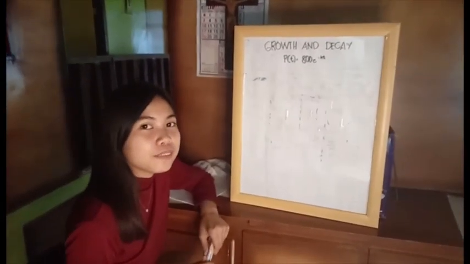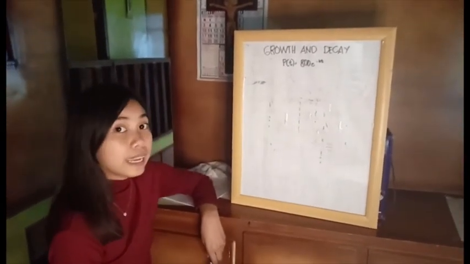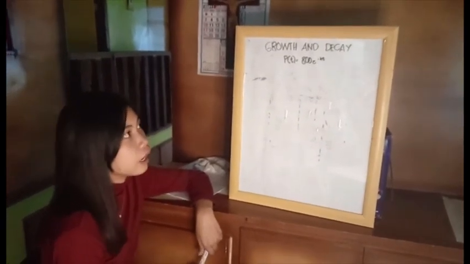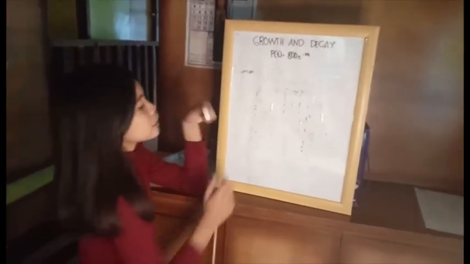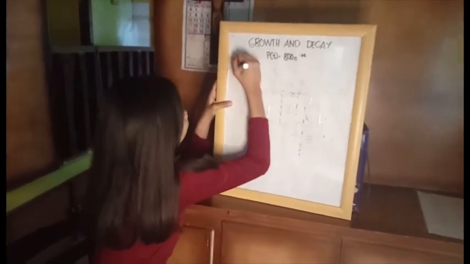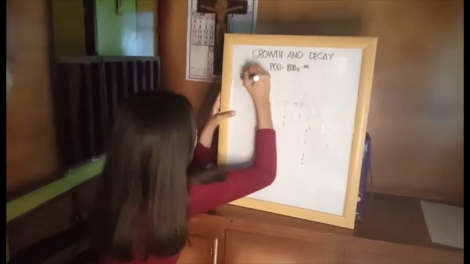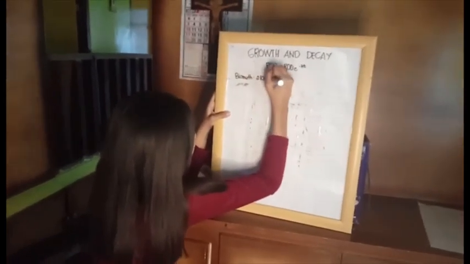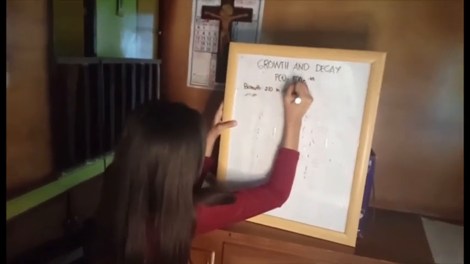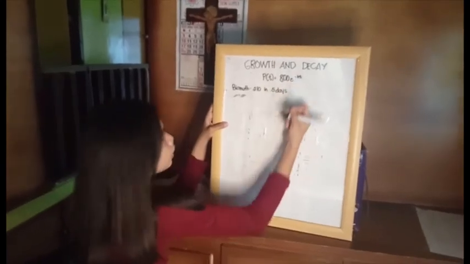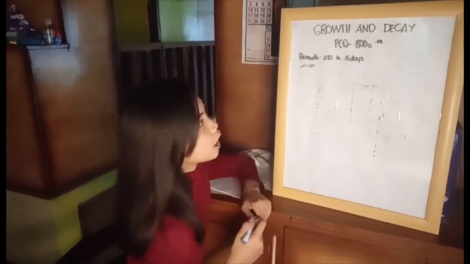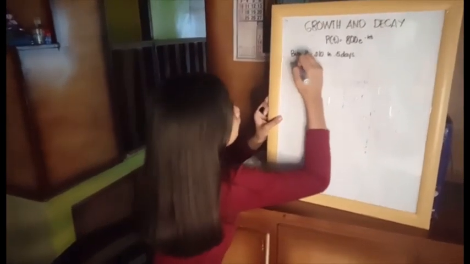So now we're going to find the relative decay rate, or the k. First, it is said to use the half-life of the substance. Bismuth-210 in 5 days has its original mass as 800.